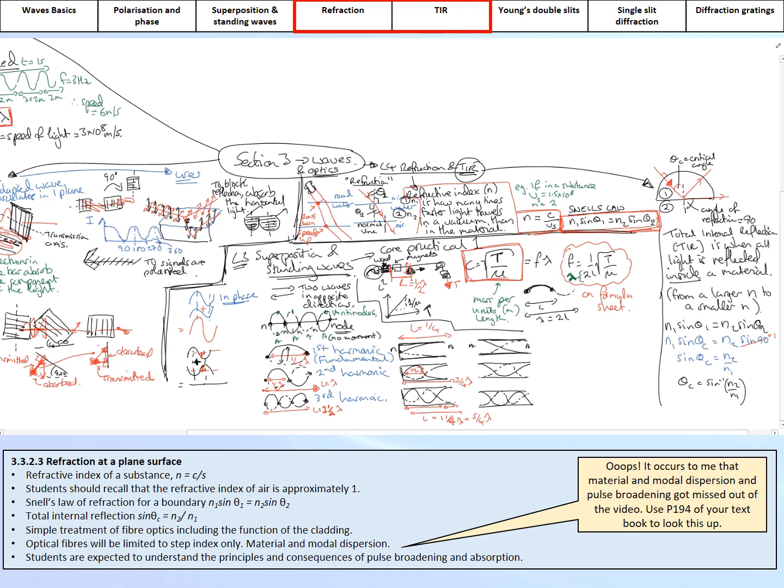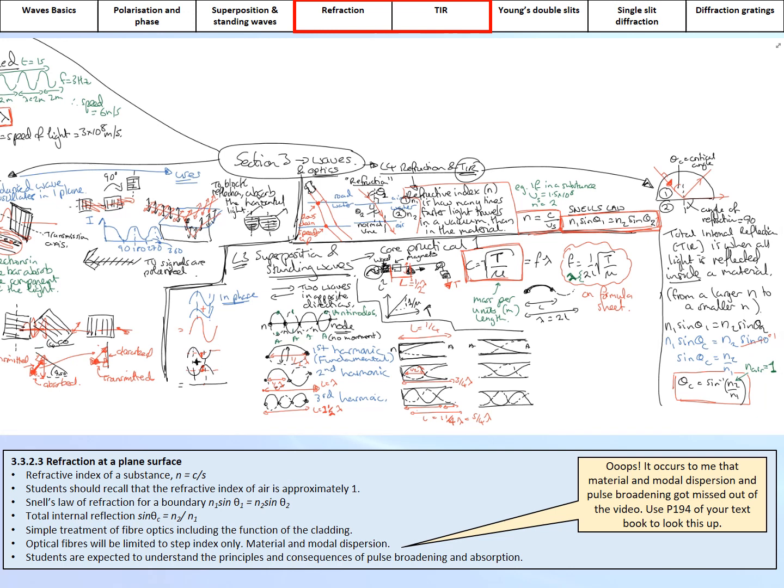Now, if medium 2 happens to be air, you could replace the refractive index of air with 1. And that's how you calculate the critical angle, the angle at which total internal reflection does happen.